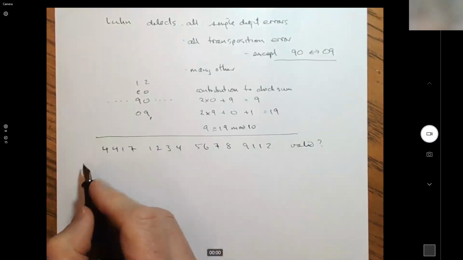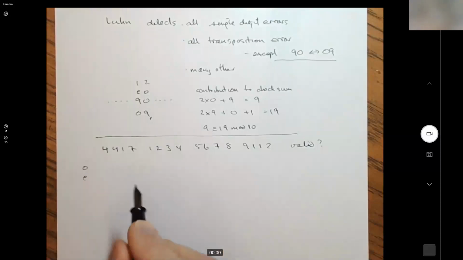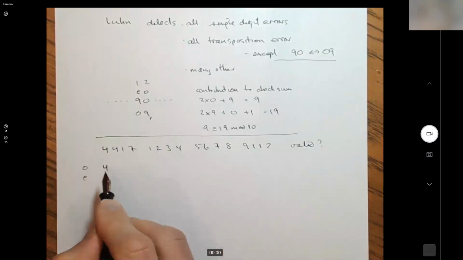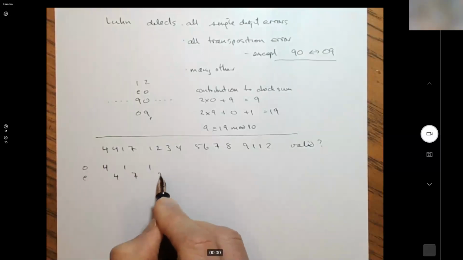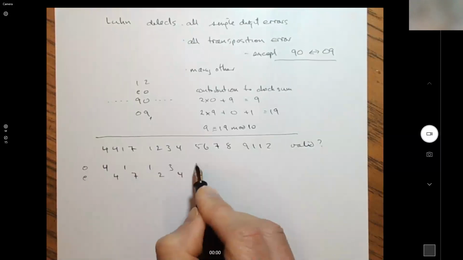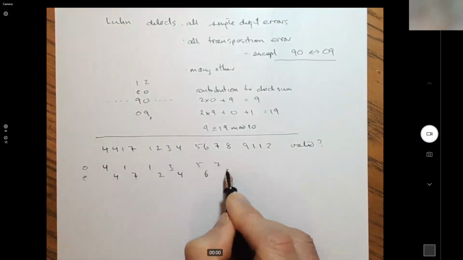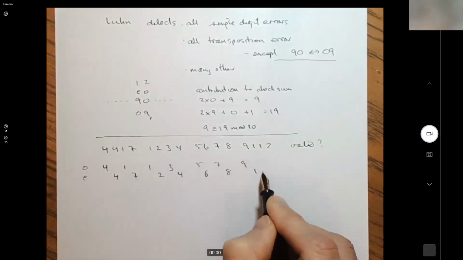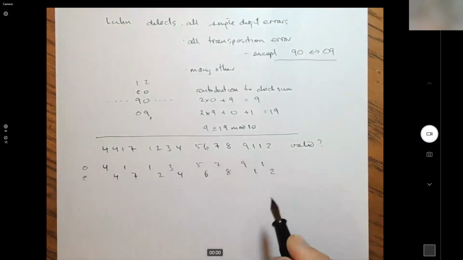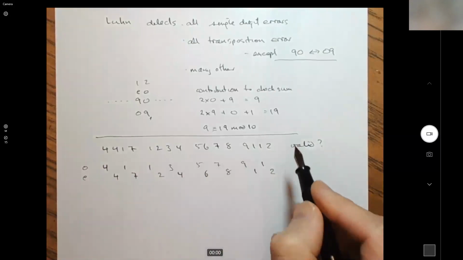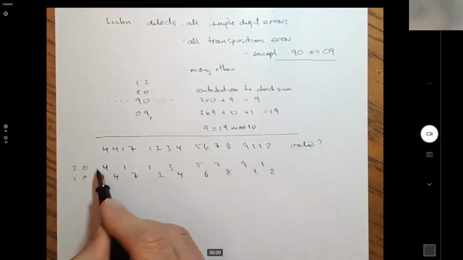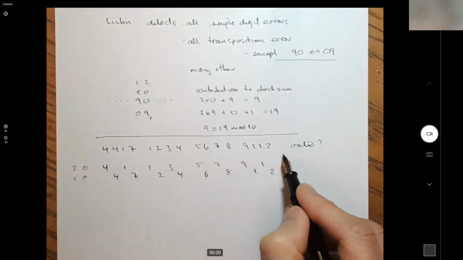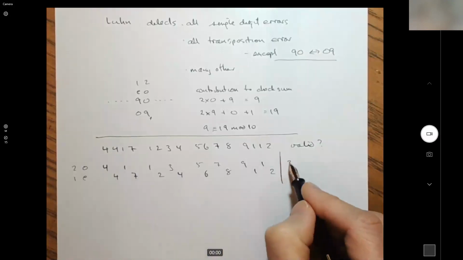So split them up into odd and even positions. 4, 4, 1, 7, 1, 2. Okay. Weight of 2, weight of 1. So add all these up and you get 31.